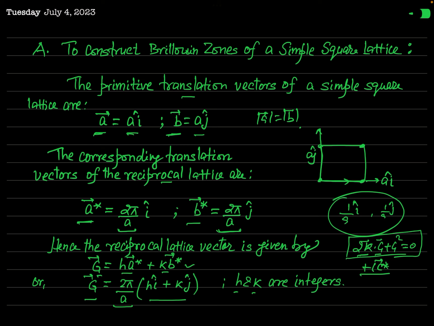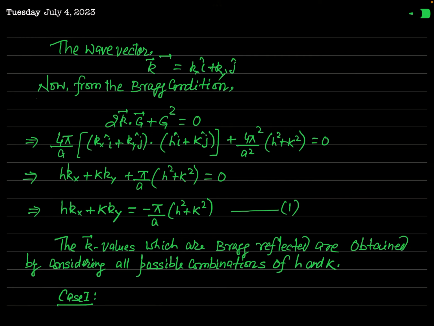Now we will define the wave vector kappa. As this wave is traveling in this plane, it will have only two rectangular components. The third one will be 0. So when the wave vector lies in a plane, you can write kappa, which represents the wave vector, is equal to kappa x i plus kappa y j.